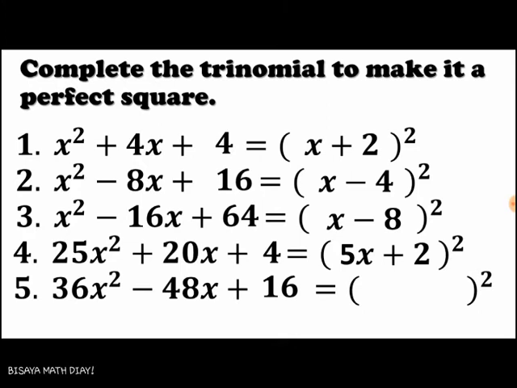So 24 divided by the square root of 36, which is 6. 24 divided by 6, and that is 4. Finally, we square 4, we get 16. So the reduced square of binomial form is 6x minus 4. 6x from 36x squared, and then 4 from 16, or the square root of 16.